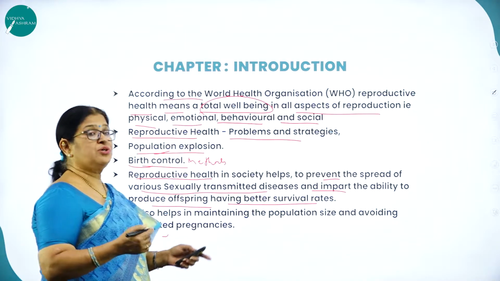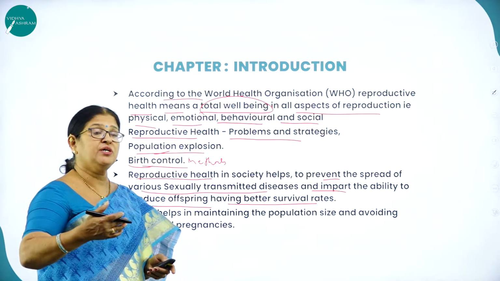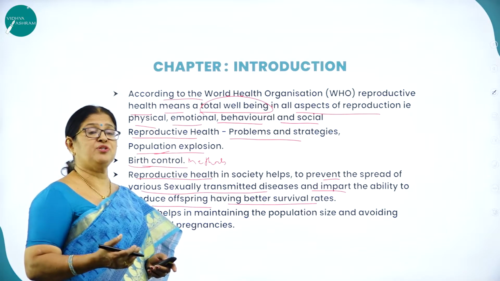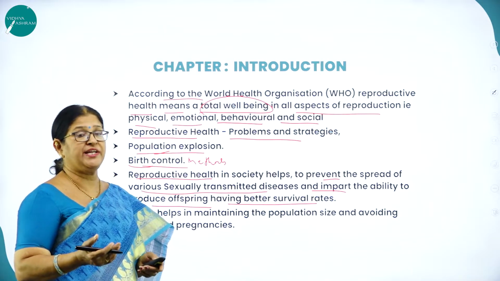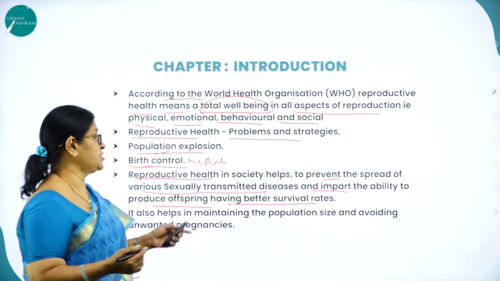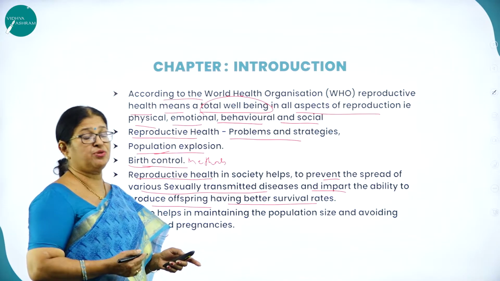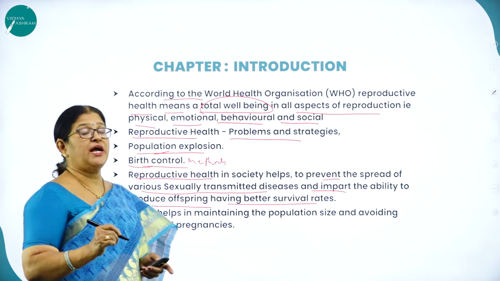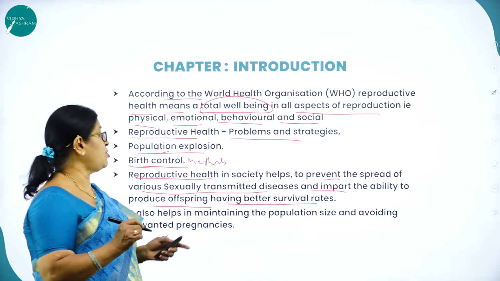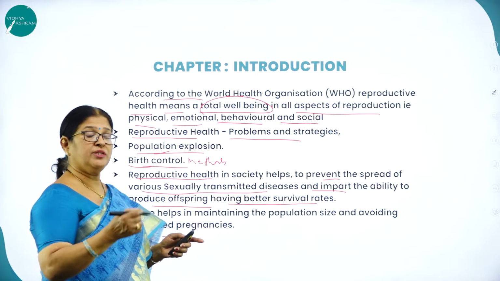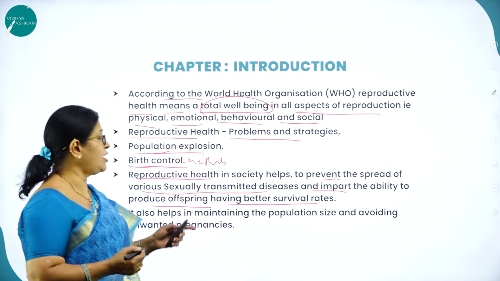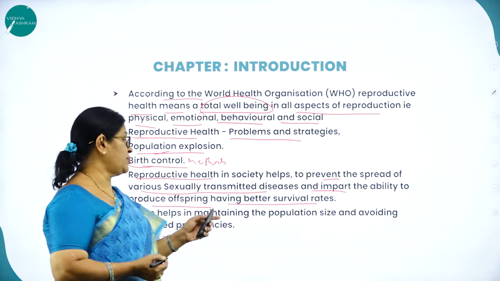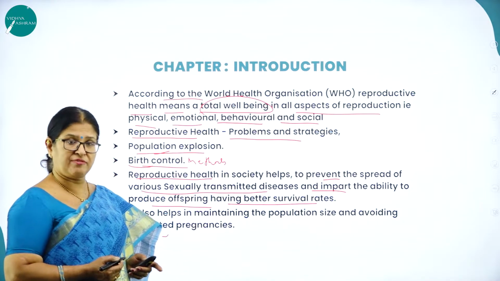The offspring born to such females who have not crossed 18 years of age will definitely not have a better survival rate. So they should have knowledge about the age of marriage, at what age they have to get married, and also know about the reproductive organs. All that will help them to have better offspring with better survival rates.